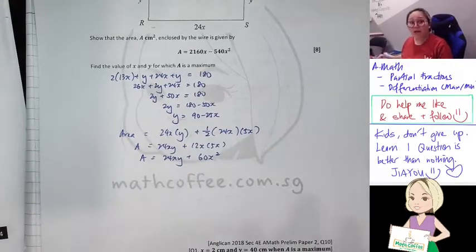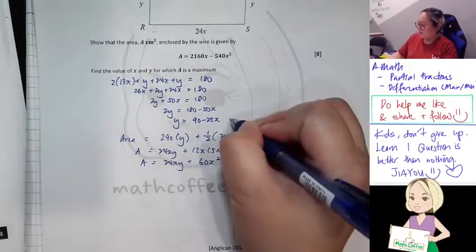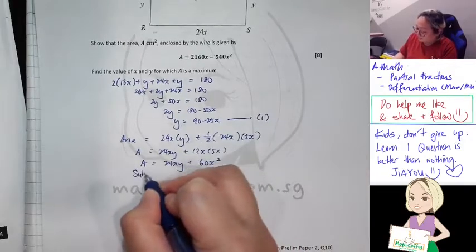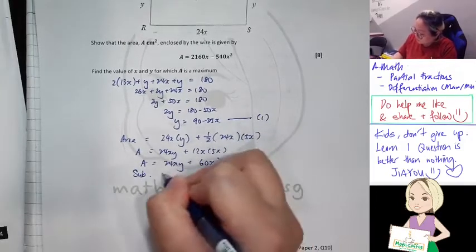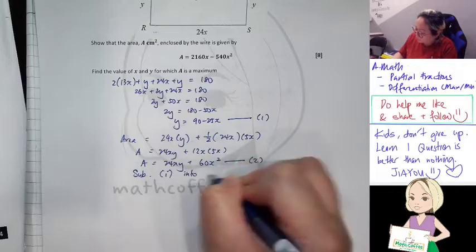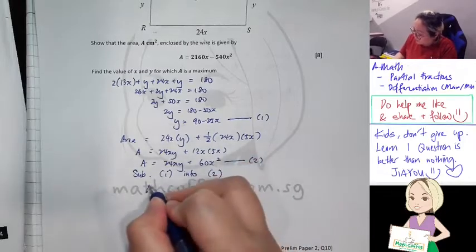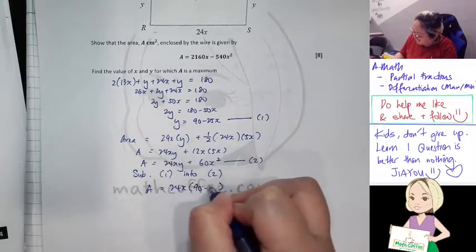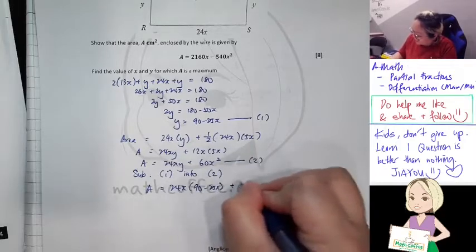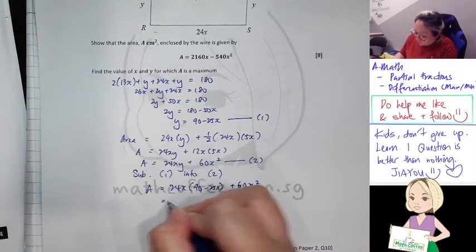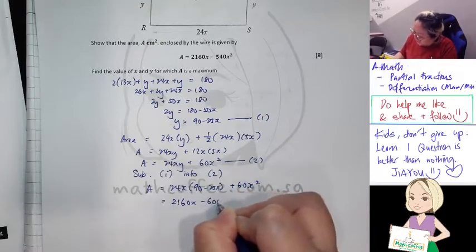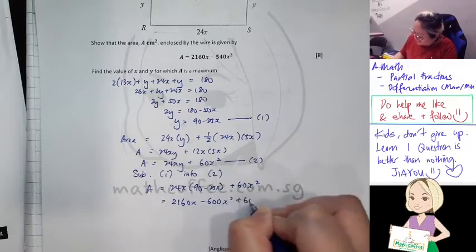But we are not done yet. I want to make the y disappear. So how do I make the y disappear? This is equation 1. So I will sub 1 into 2. So my area will be equal to 24xy plus 60x squared, which we will get 2160x minus 600x squared plus 60x squared.